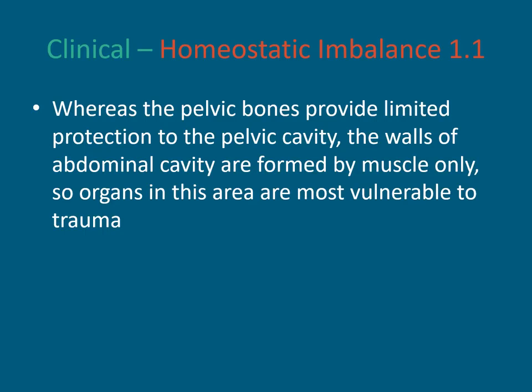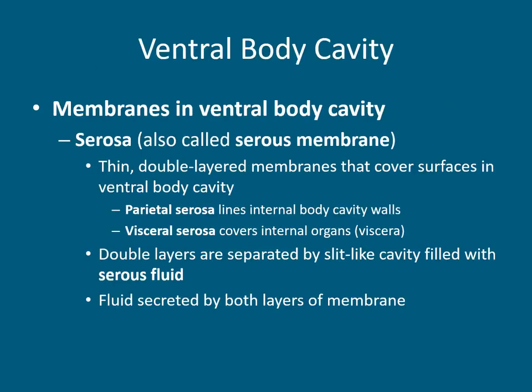You want to be able to protect the heart, protect the brain. The pelvic bones do give your hip to some of that pelvic cavity, but as I said, the abdominal organs are going to be a little more susceptible to any type of trauma.